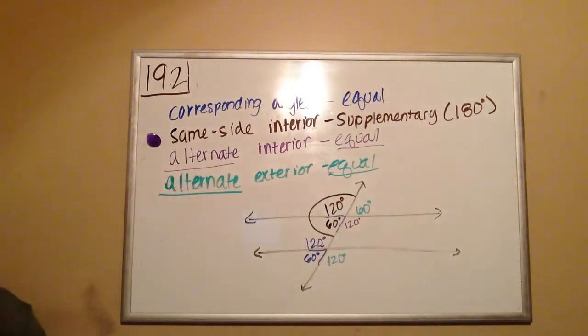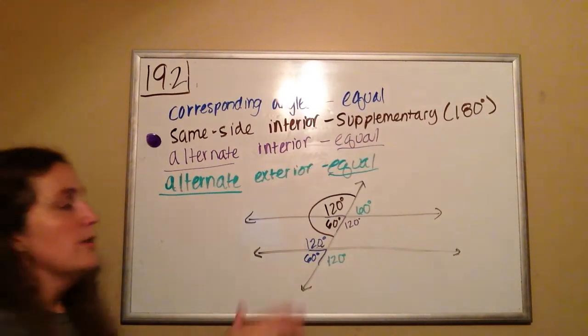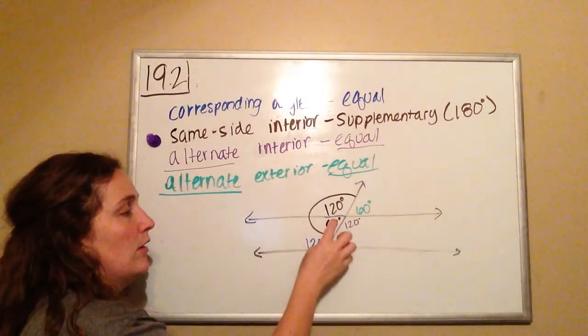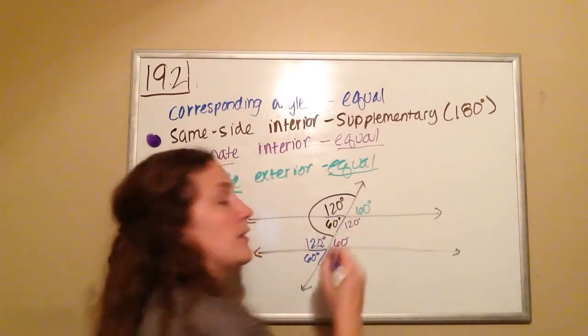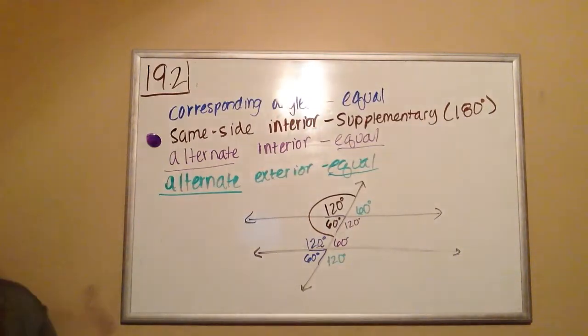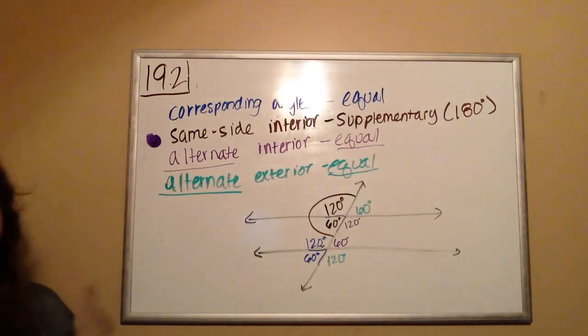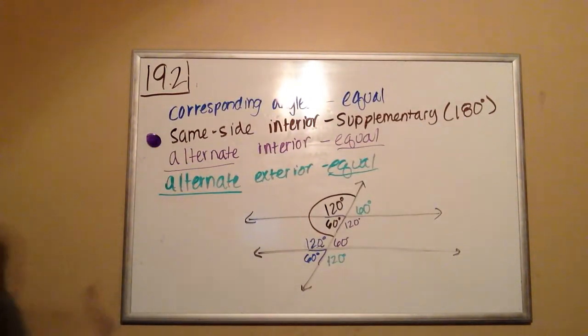And then the last one I'll use is alternate interior. So my interior angles, these two, alternate, should be the same size. So I should get 60 degrees right there. So that was using all of our vocabulary and how to find these angles.